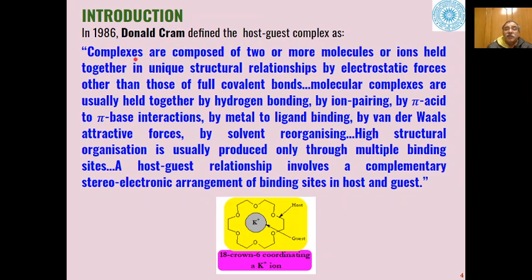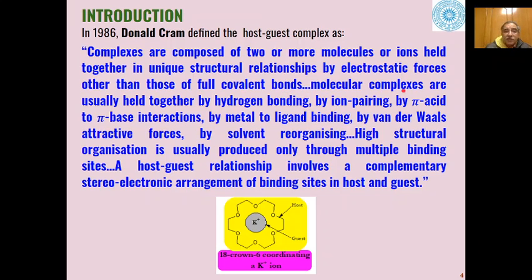According to him, complexes are composed of two or more molecules or ions held together in a unique structural relationship by electrostatic forces other than those of full covalent bonds. As I have told you, there is no covalent bonding but non-covalent binding between host and guest. This is how these two or more molecules are held together by non-covalent bonds.